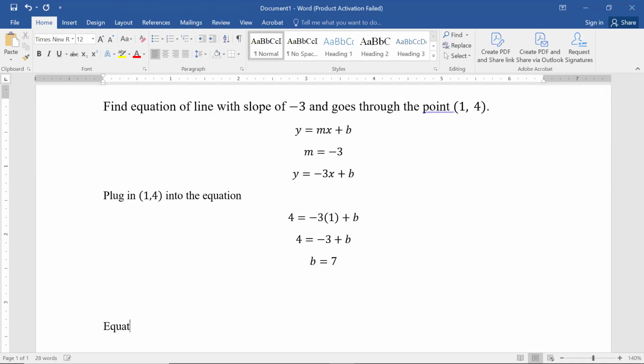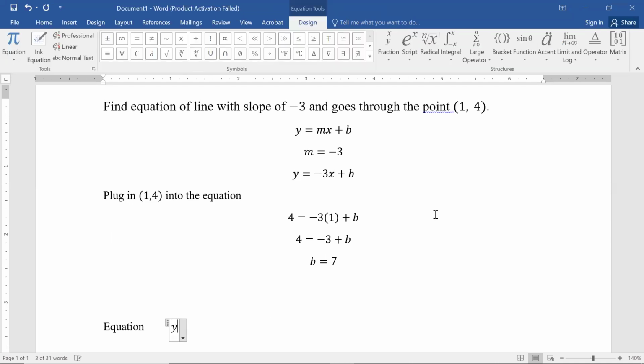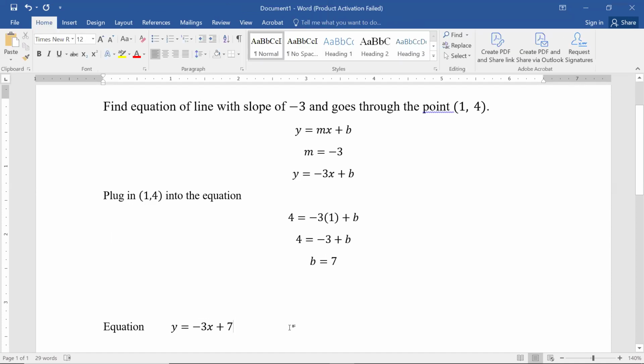And so now I know that the equation that I'm looking for is y equals negative 3x plus 7. And that would be my final answer. Again, remember to write the y equals part and then to write the right-hand side correctly as well. But that's the idea, and you can do that over and over.